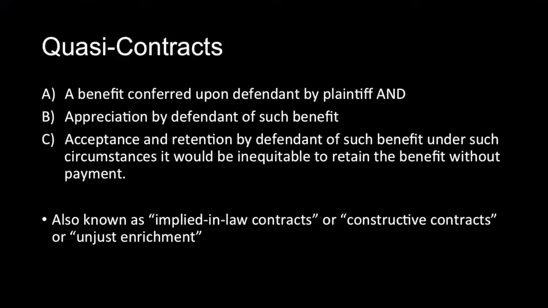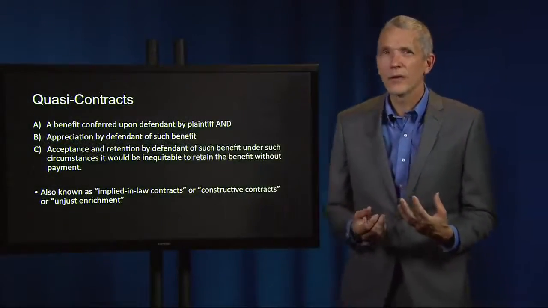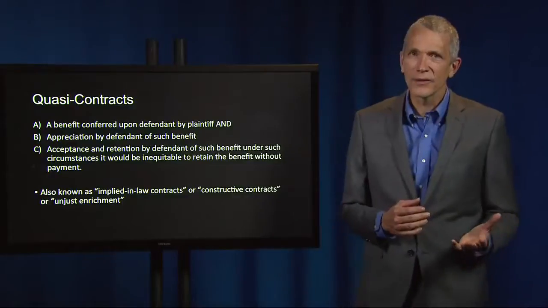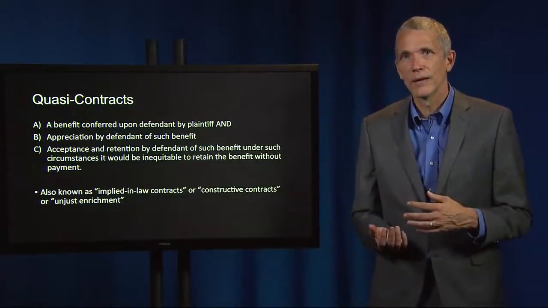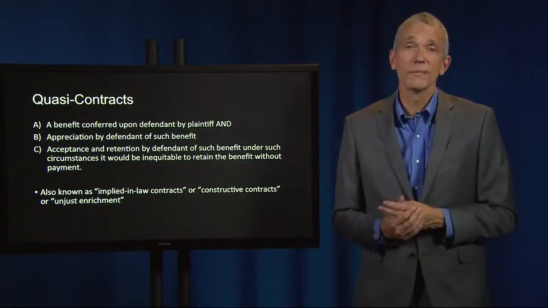The main goal of quasi-contract as a separate cause of action is to remedy the possibility of unjust enrichment, namely one party getting a significant benefit without having to pay for it, which leads to an inequitable result. Quasi-contracts are also known as implied-in-law contracts, constructive contracts, sometimes referred to as unjust enrichment causes of action.